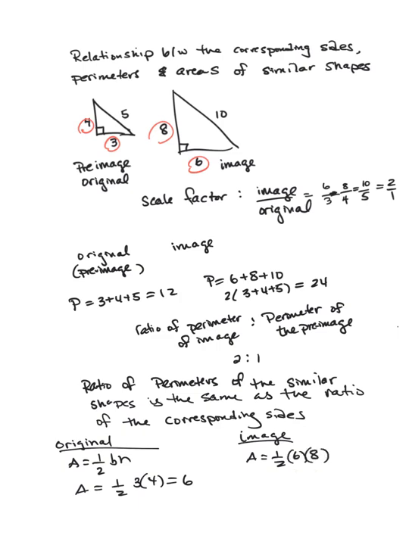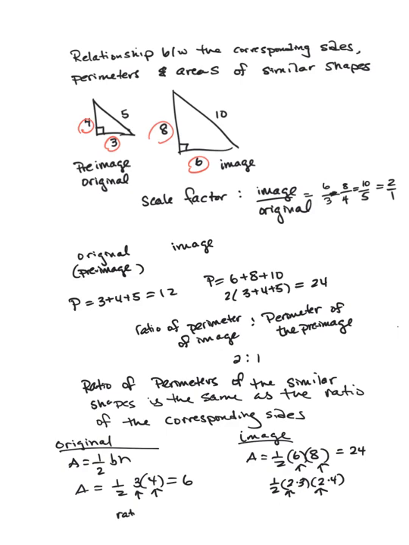Okay, now the difference here is if you look at this 3, the 3 was doubled. If you look at the 4, it was doubled. So the final area, when you do this computation, is 24. But remember, this was the same as half 2 times 3 times 2 times 4. So if you look at this pattern, instead of the ratio being 2 to 1, the ratio is 4 to 1.